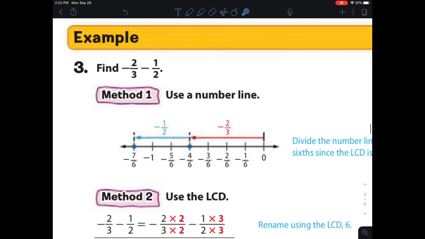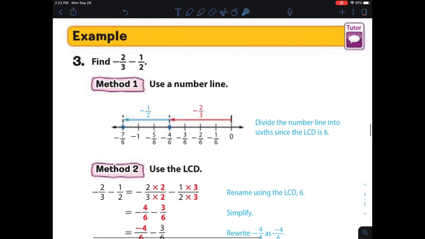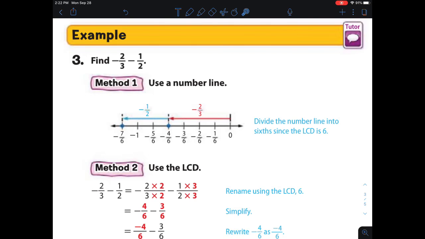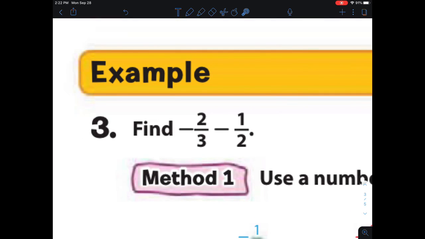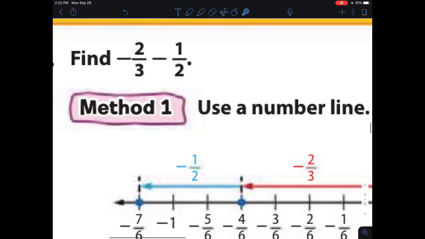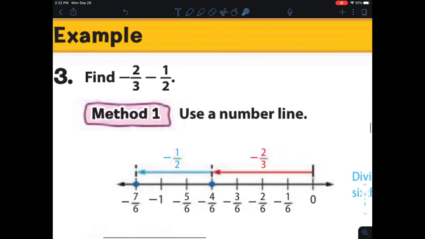In example number 3, we are now subtracting fractions. You have negative 2/3 minus 1/2. Method number 1 is using a number line. When you're using a number line, you're looking for the least common denominator of 3 and 2.